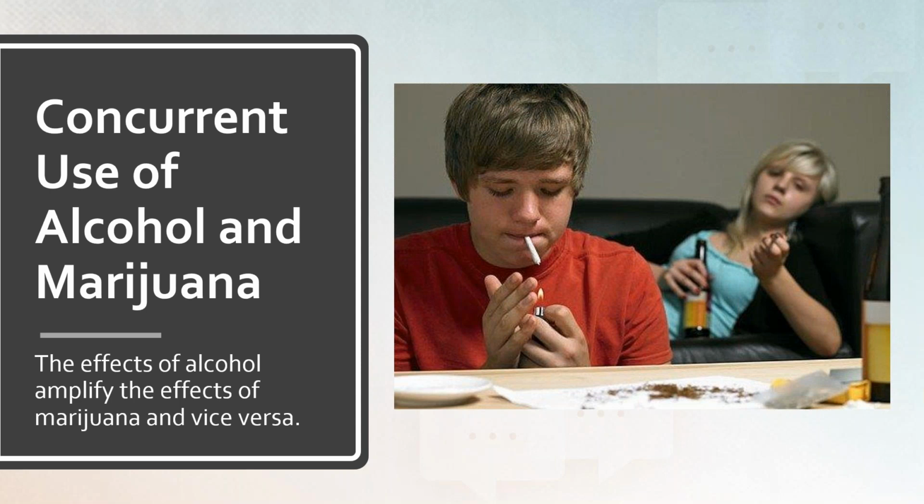And when both of these are in use together, they magnify the effects of each drug. So somebody may start exhibiting unpredictable behavior. They may have panic attacks, anxiety, terror. They might have a terror, they're hallucinating.